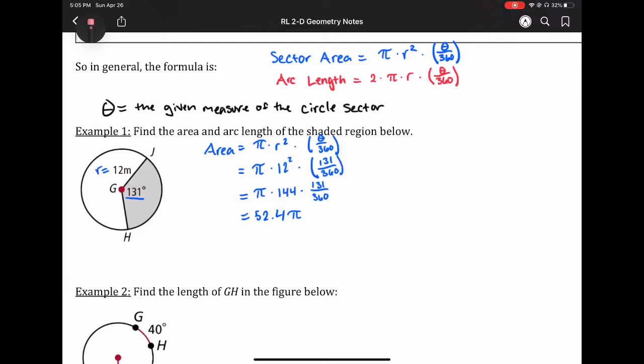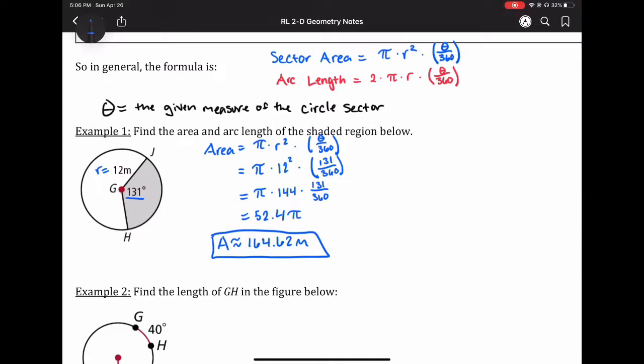So I'm going to say that the area of my shaded region is about equal to 164.62 meters.